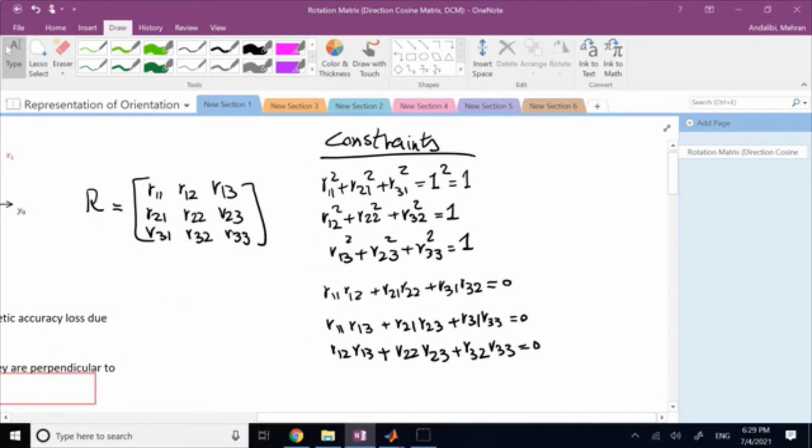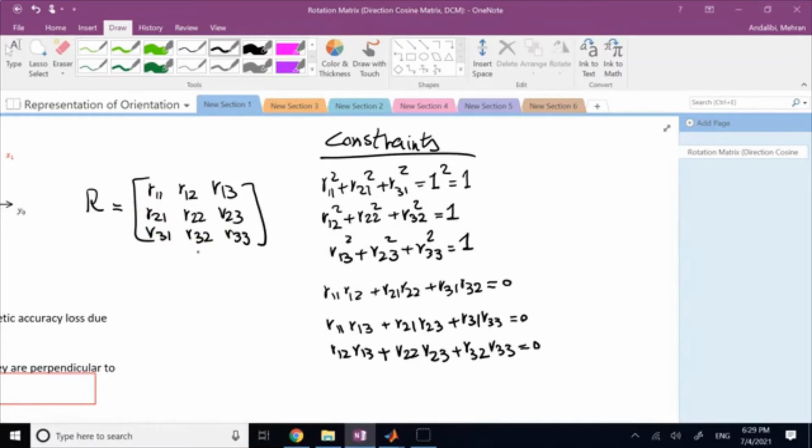I have 9 numbers, but there are 6 constraints, and that's what makes 6 redundancies. But these constraints are not so simple that I can throw one of these parameters away and choose another one. Specifically from the first 3, yes, I can, for example, eliminate the last row and replace it by some square root of the first 2. But I would rather keep them like this and not incorporate my constraint into my rotation matrix.